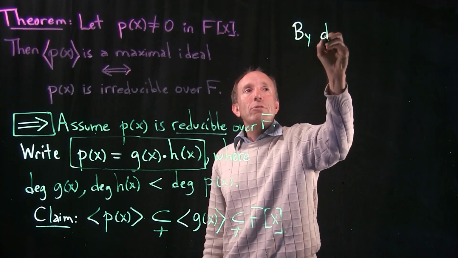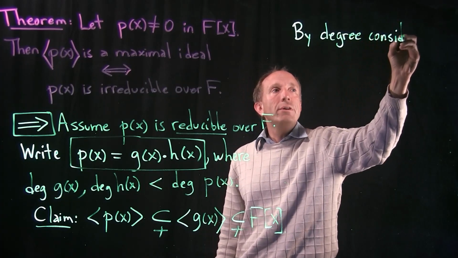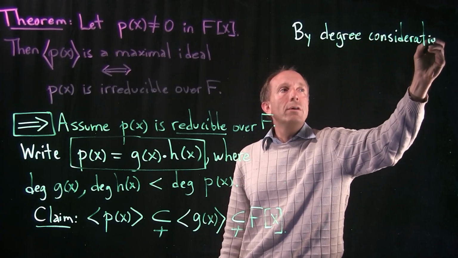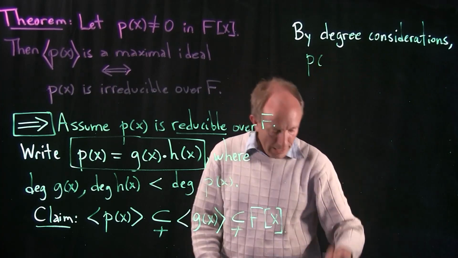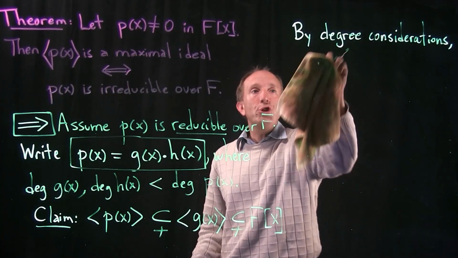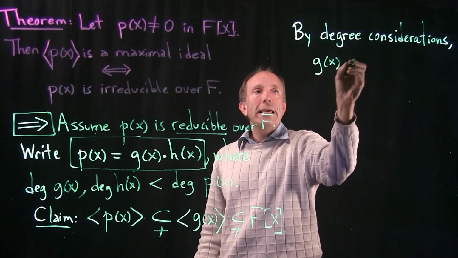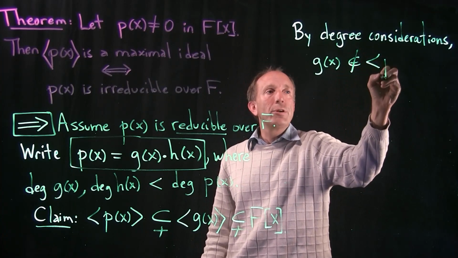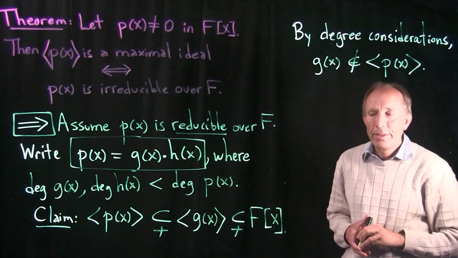By degree considerations, g of x cannot live in the principal ideal generated by p of x.